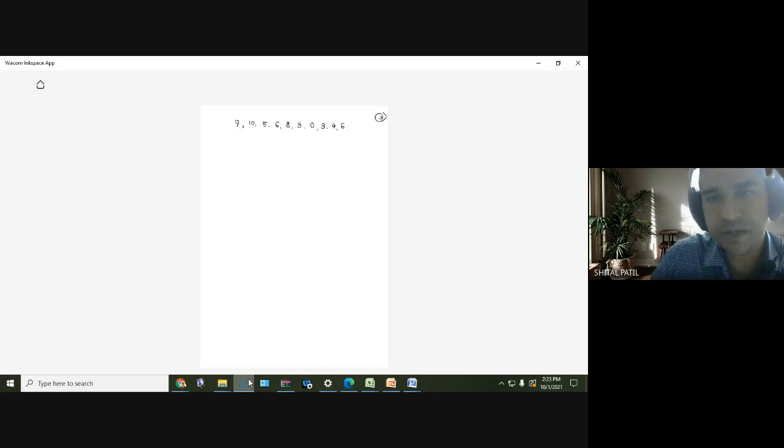Okay, so what we'll do now, we'll try to arrange the data in ascending or descending order. So arranging marks in ascending order. Okay, so 0 is the least marks. Then no student got 2 marks. 2 students got 3 marks.